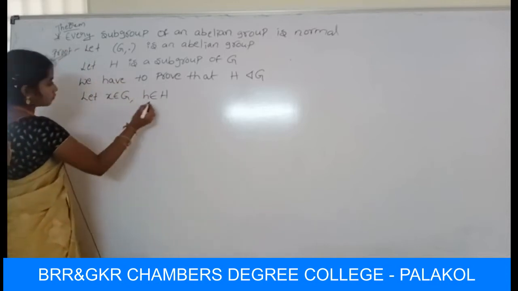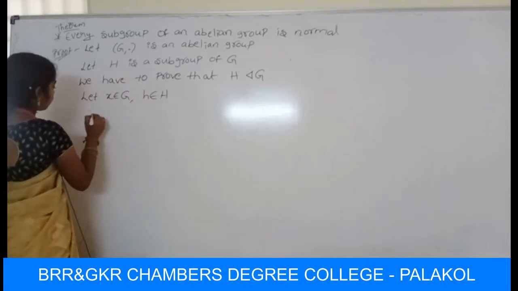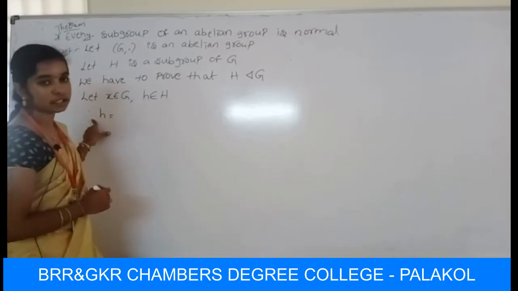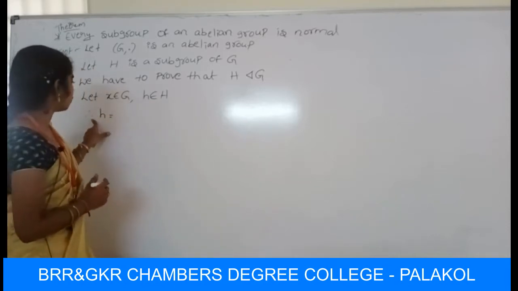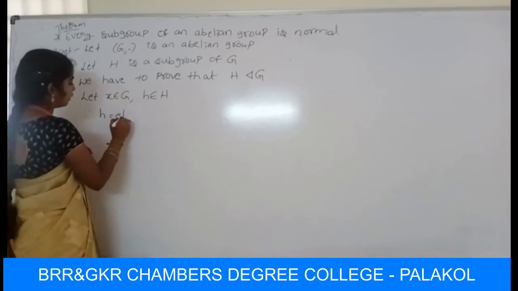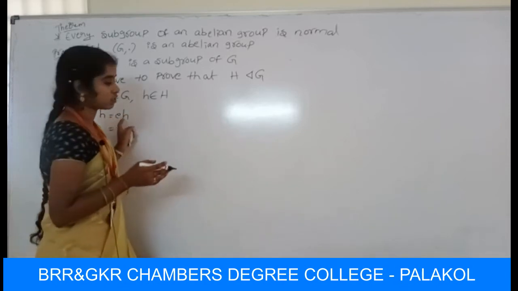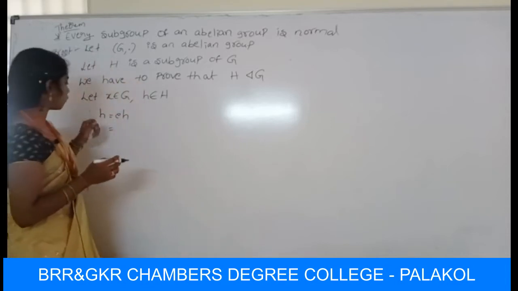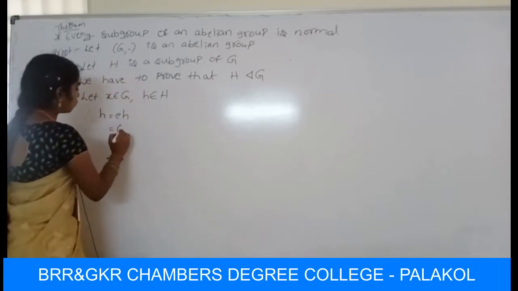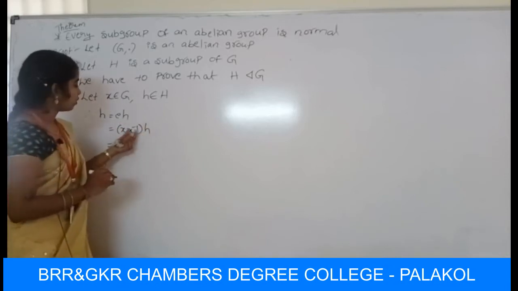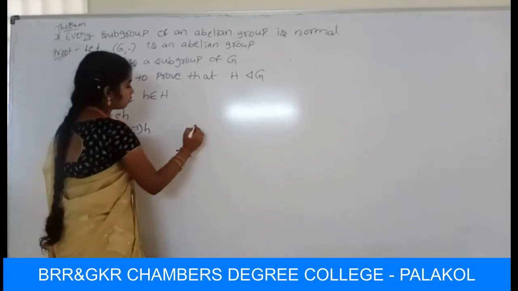Therefore h is equal to, so E is the identity element in Z, so it can be written as Eh. So E is the identity element, so E into h value is h. So h equals Eh. So E can be written as X into X inverse into h by the existence of inverse property.